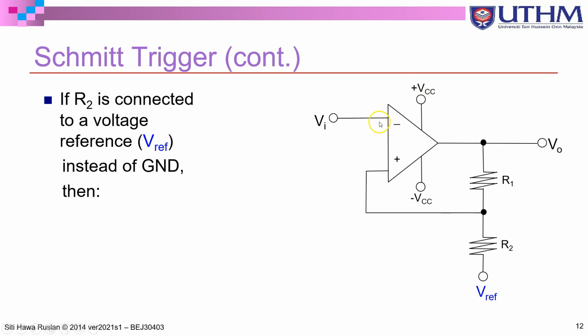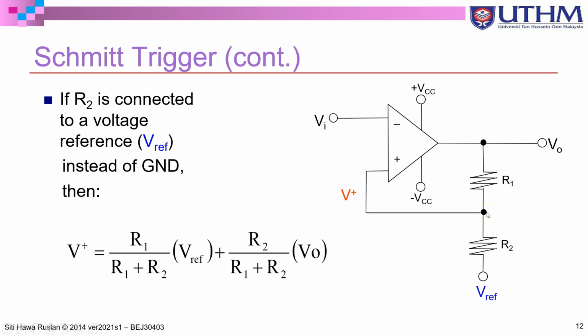This is another example of a Schmitt trigger, but this particular node, before this, was grounded. So our V upper threshold point and V lower threshold point, one is positive and one is negative. But if we put this node to a reference voltage, Vref, we can make the V upper threshold and V lower threshold both positive or both negative.